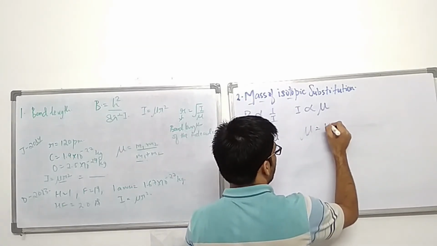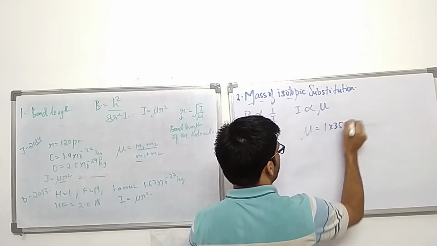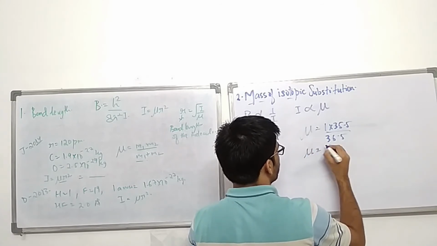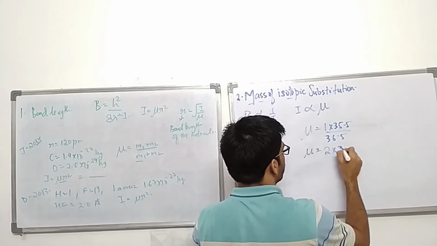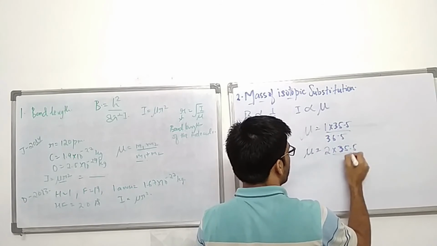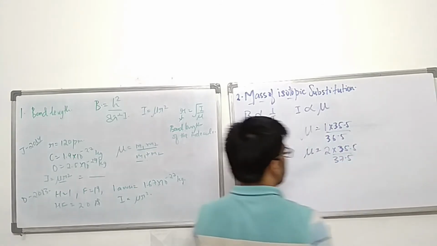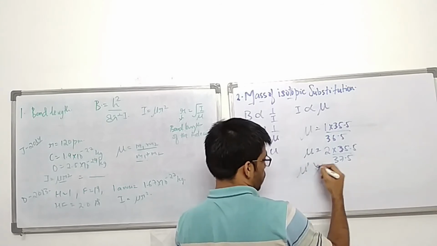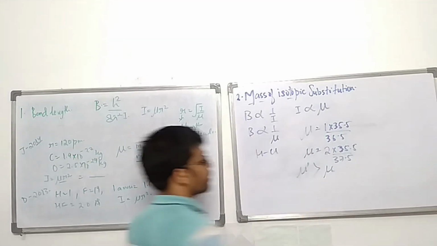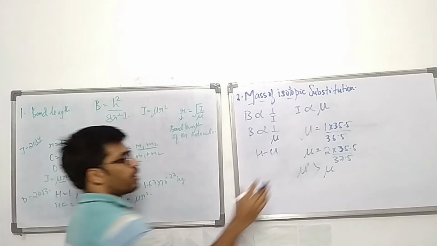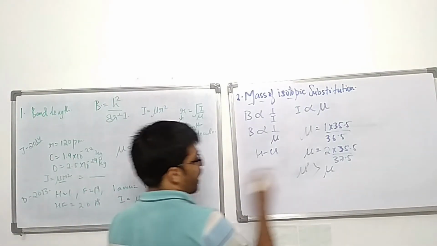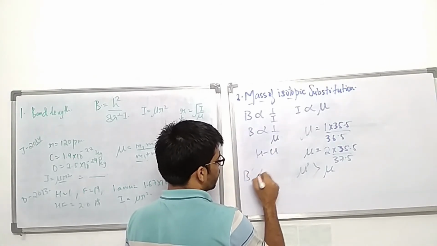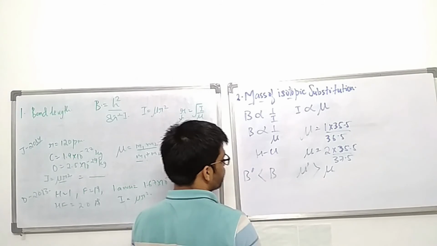Mu is equal to 1 into 35.5 by 36.5. But when you substitute it with deuterium, you get 2 into 35.5 by 37.5. The mu increases. Mu dash is greater than mu. That means the isotopically substituted reduced mass is higher. So if that is true, you would see that B dash is smaller than B.